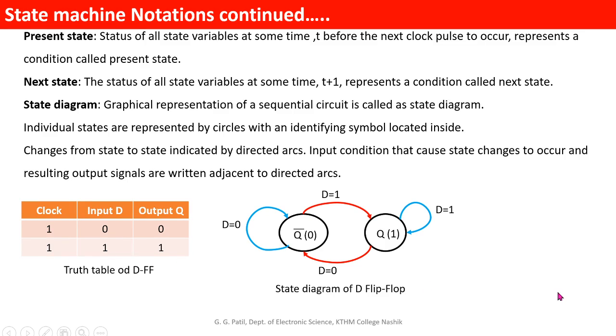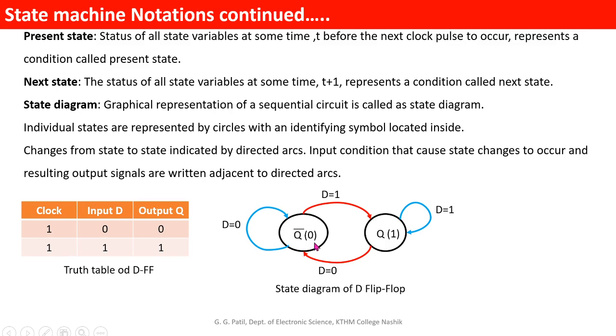Now see, suppose presently the flip-flop output is 0, and the input is 0, that is D equals 0. The present state output is 0 and the input applied is 0, so there will be no change; it will maintain the same state. So we have drawn this blue line arc, there is no change.